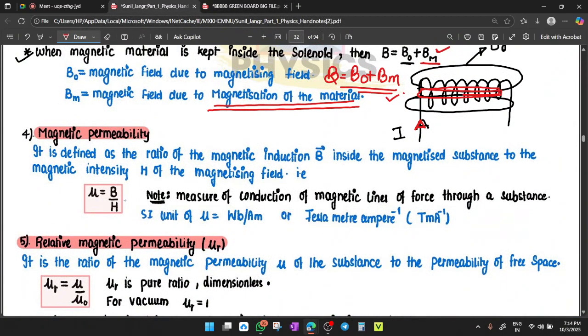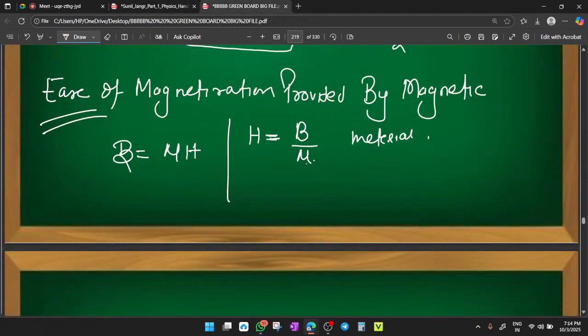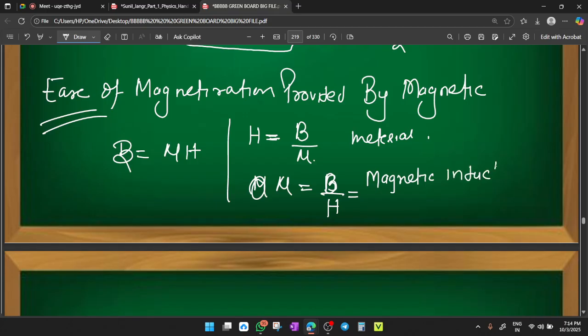So by the formula, if you take mu here, then mu becomes B upon H, right? So B is what? It is magnetic induction, right? So mu is magnetic induction divided by magnetic intensity. Clear?